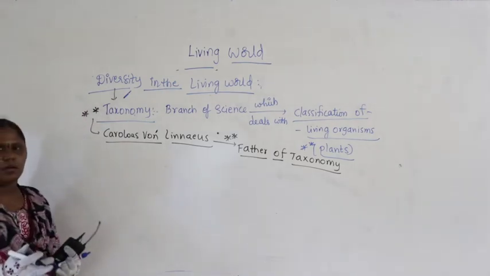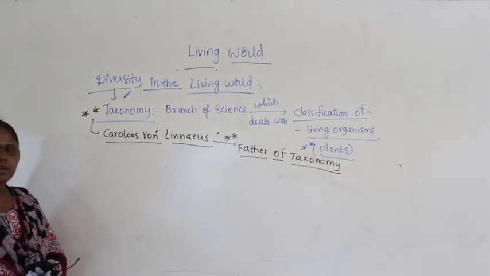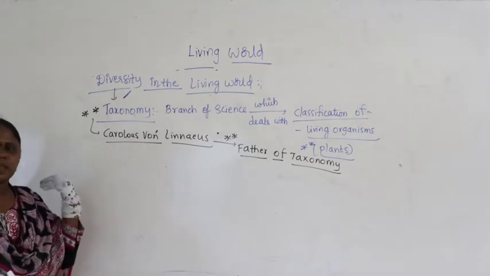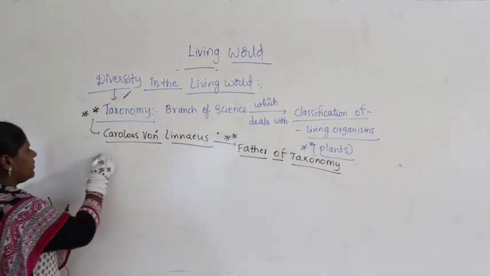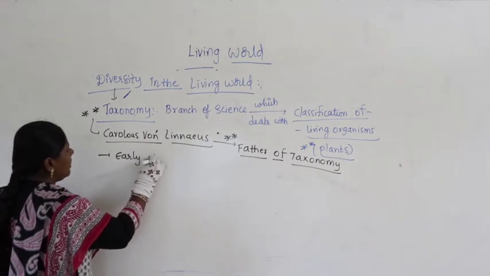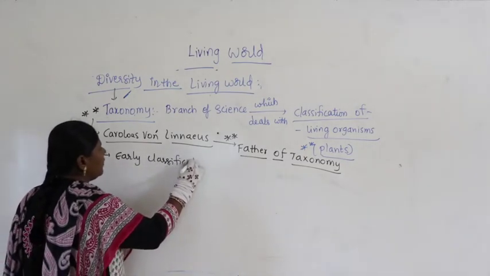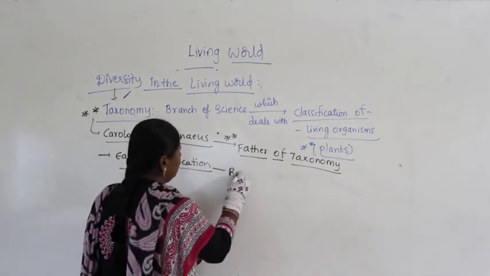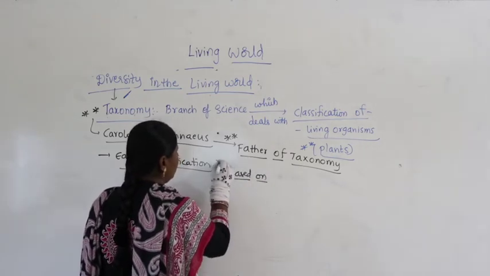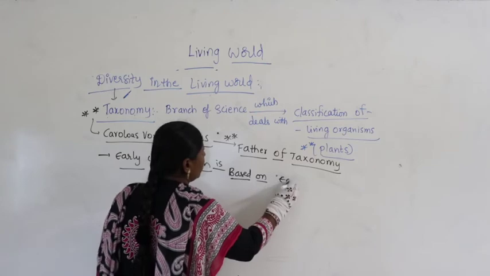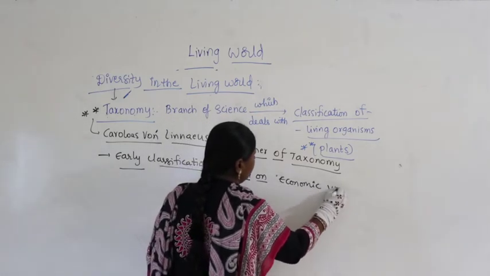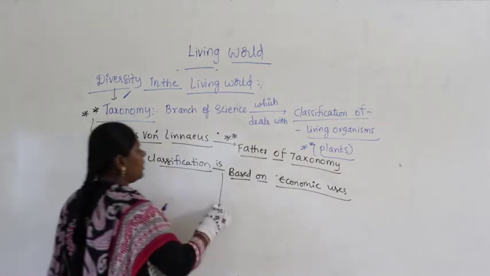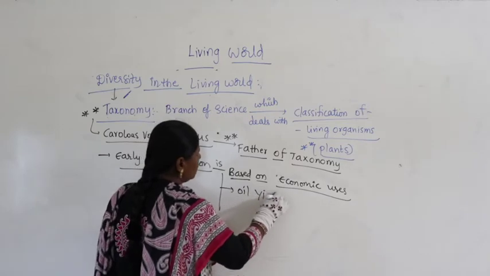Now, what are the components? Taxonomy always talks about how organisms are classified. If you take the early classification of plants, we have already studied Aristotle. Early classification is based on uses, or economic uses, of plants. Suppose you get oil from the plant, we call it an oil yielding plant.